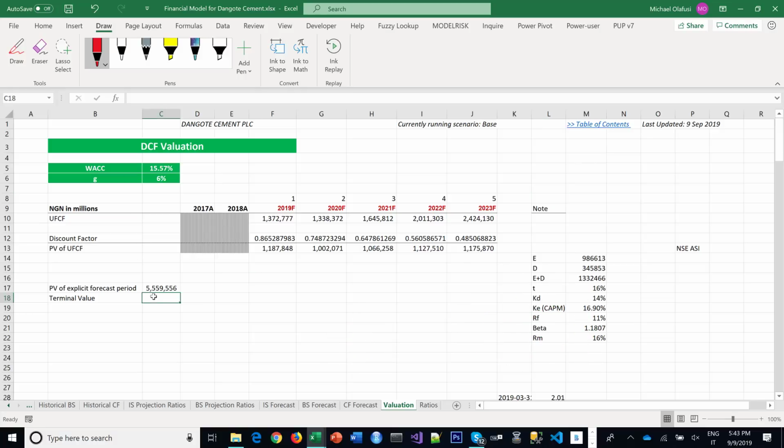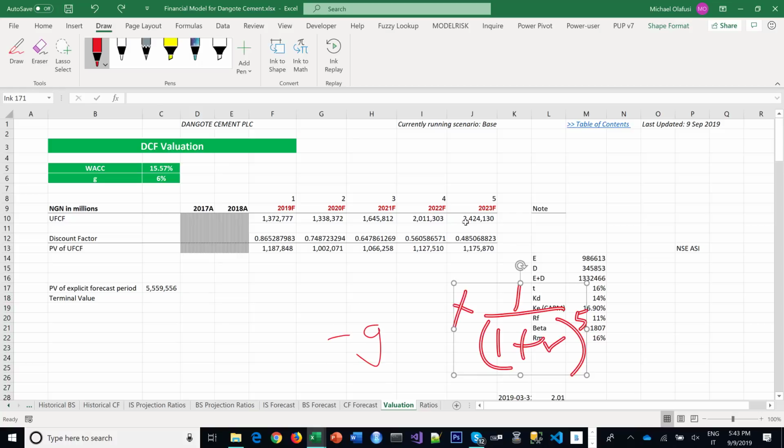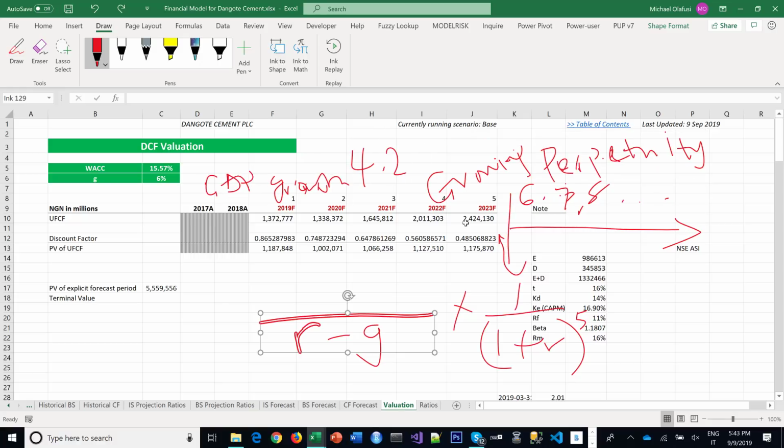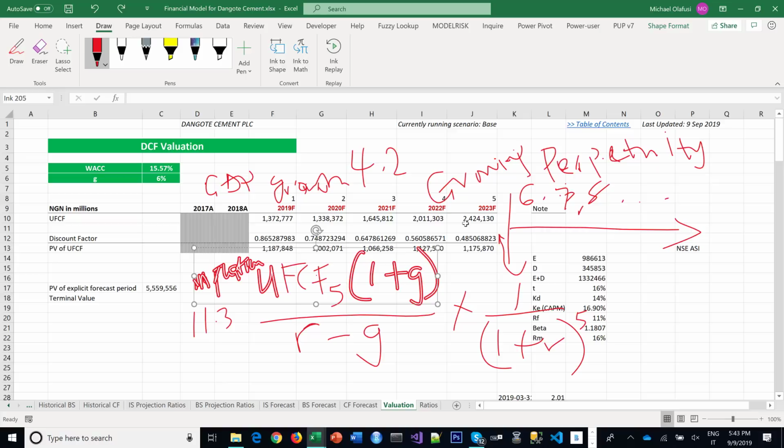All right, I hope you remember the formula. Anyway, I've taken out the formula. It is cash flow in the fifth year. Maybe I should just bring back the formula so that it makes it easier for you to see what I'm doing. Okay, so I need this formula. Let's just say I take out the things around it.